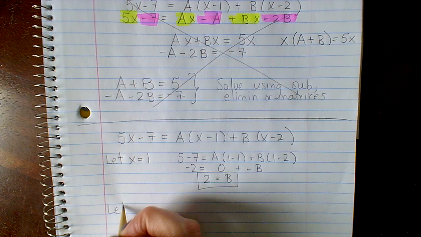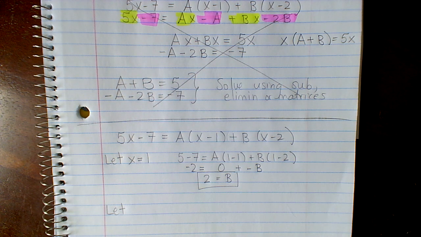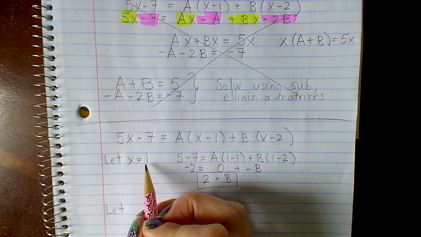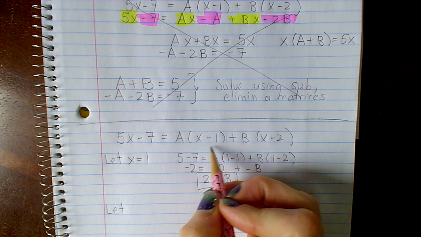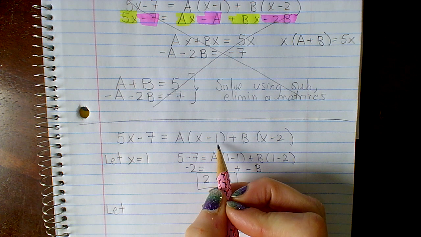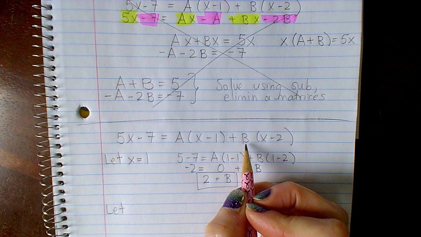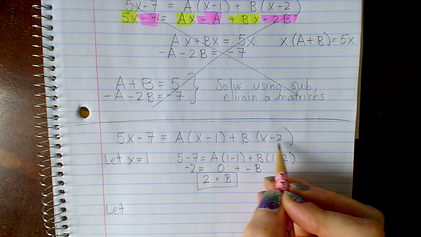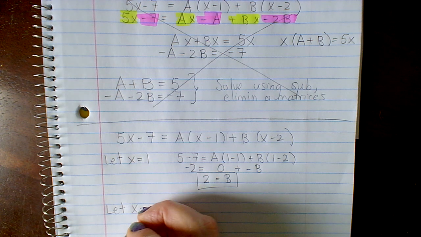What do you think is the next number that I'm going to let x equal? Well, I chose 1 because I saw that it was going to zero out this term right here and just leave me with b to solve. So the other number I'm going to pick is going to be 2.